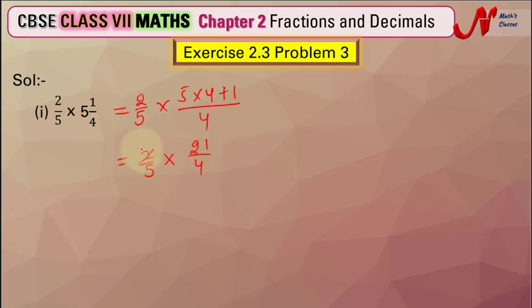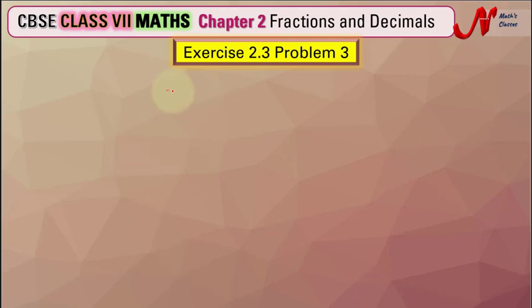Here cancellation is possible, so we cancel: 2 1s are 2, 2 2s are 4, which is equal to 1 by 5 into 21 by 2, which is equal to 1 into 21 by 5 into 2. 1 into 21 by 5 into 2 can be written as 21 by 10.